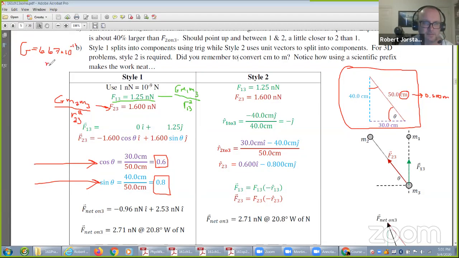And then it's meters squared times a Newton over kilograms squared. And so because G has units of meters in it, I need units of meters right there. So that's a couple of things that you need to watch out for.